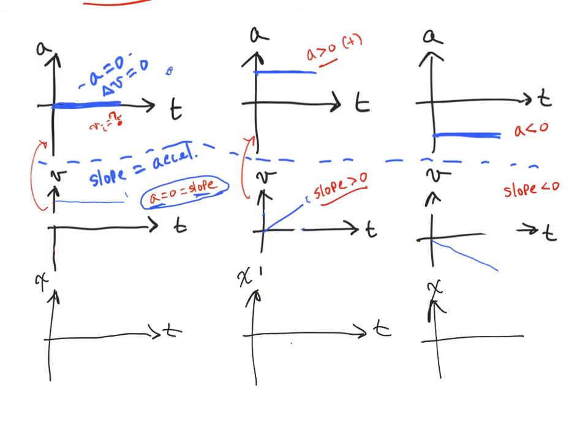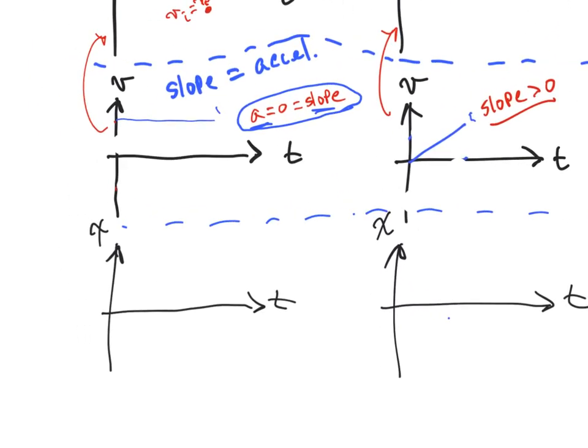So just like before here, maybe I'll just put a little dotted line. Sorry about that. There we go. Just going to put a little dotted line right here. And now if I zoom in, I want to draw a position time graph here that corresponds to this line above.